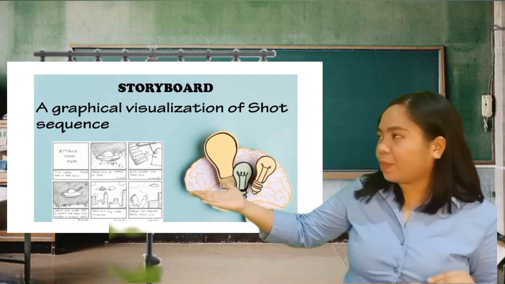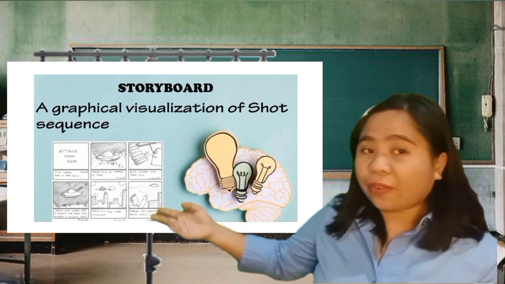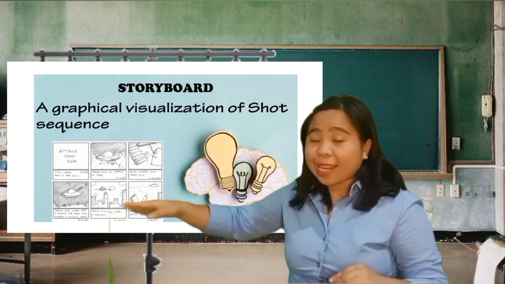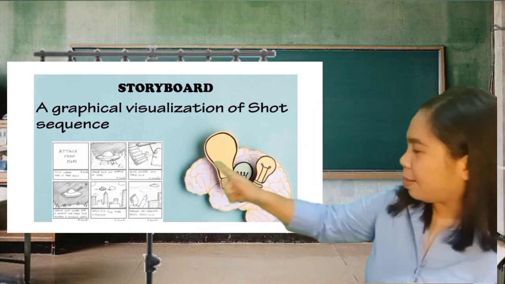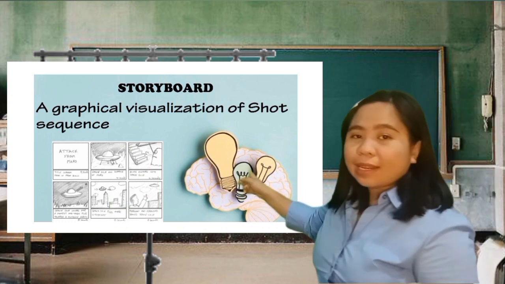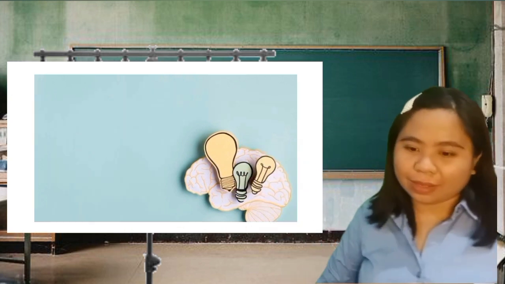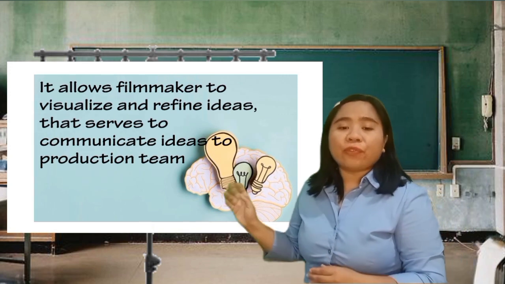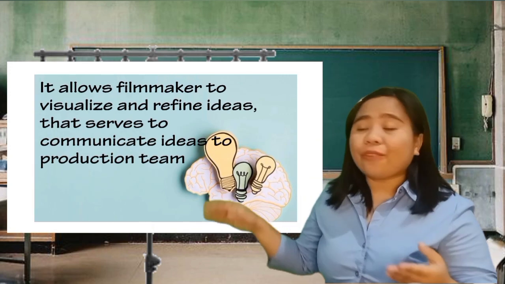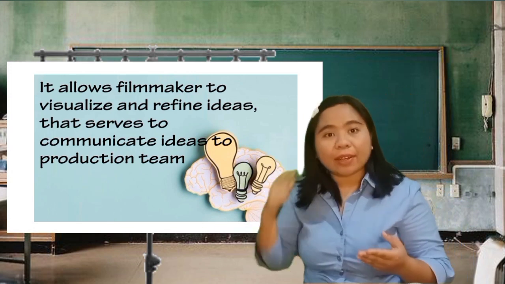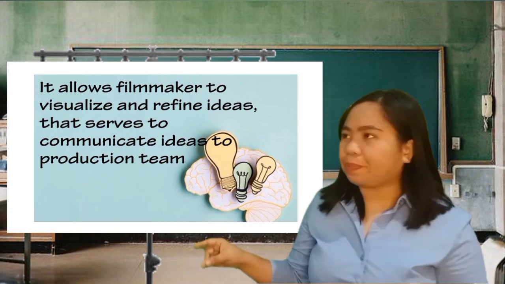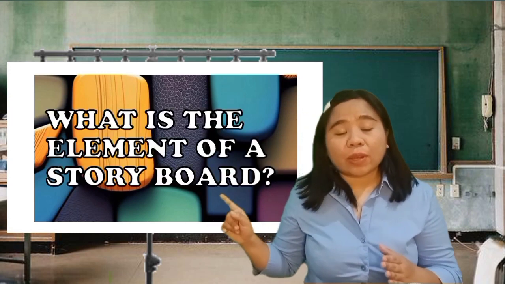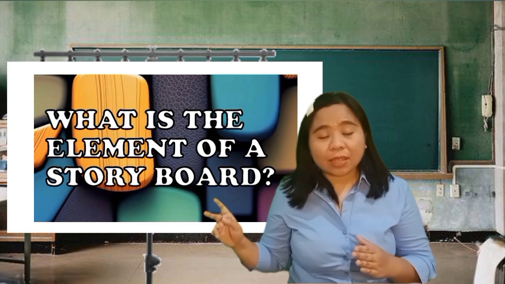Just like in the picture, as you can see, there are different scenes in a sequence: scene 1, scene 2, scene 3, scene 4, and so on. A storyboard allows the filmmaker to visualize refined ideas, and it serves to communicate the filmmaker's ideas to the production team.